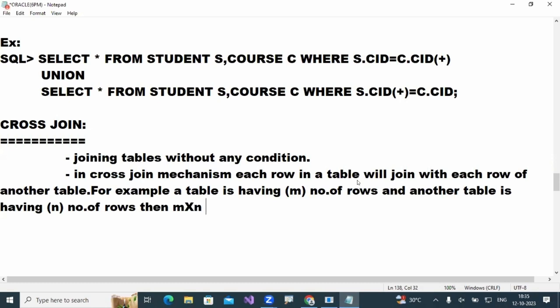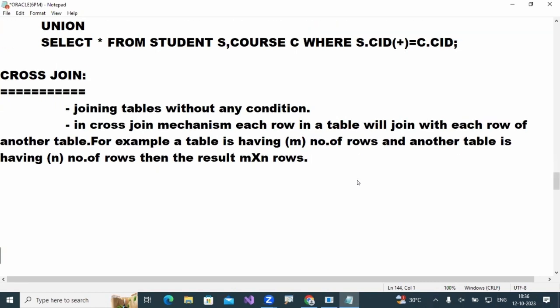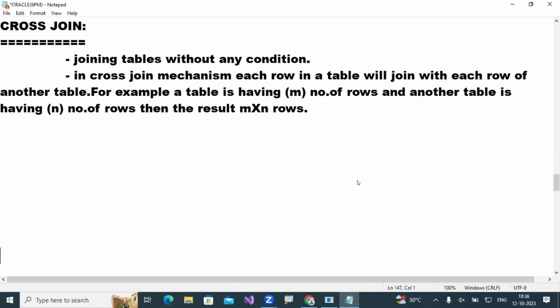For example, here m is equal to... otherwise we can keep it here. Then the result is m cross n rows. So this is the cross join working nature.